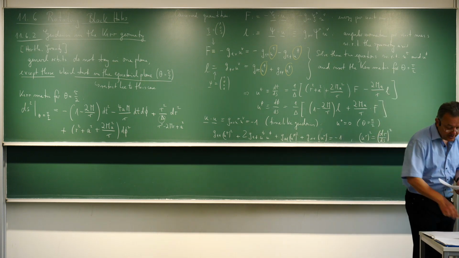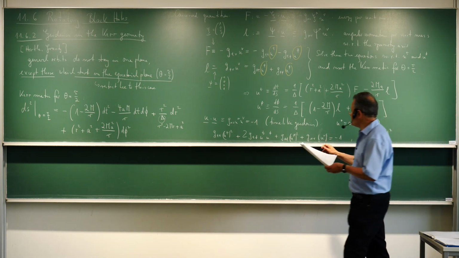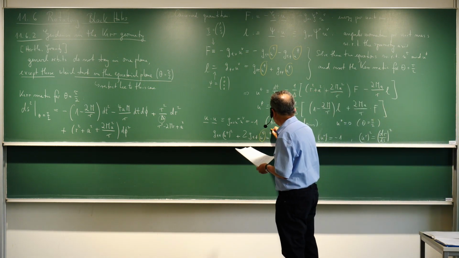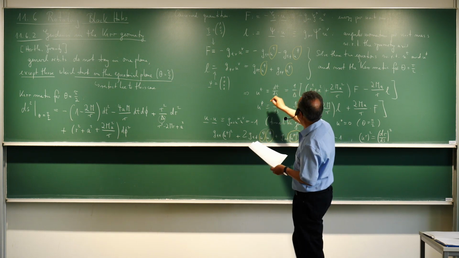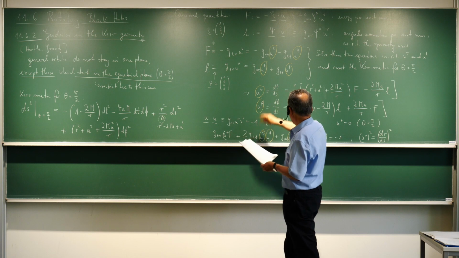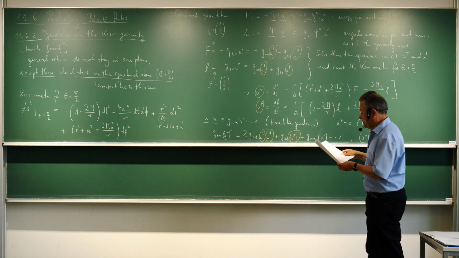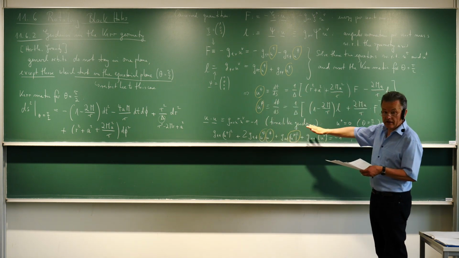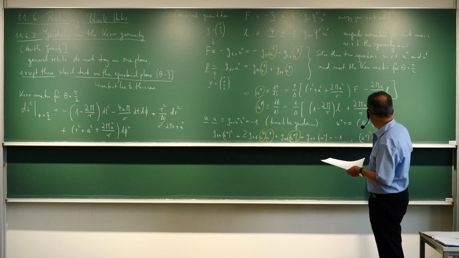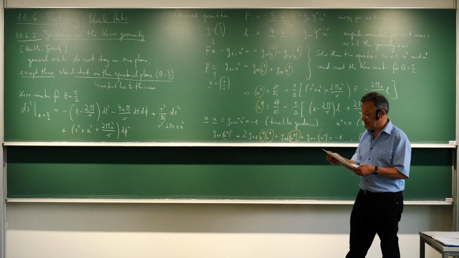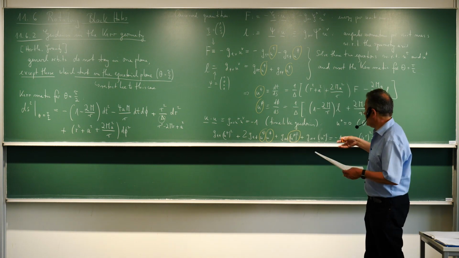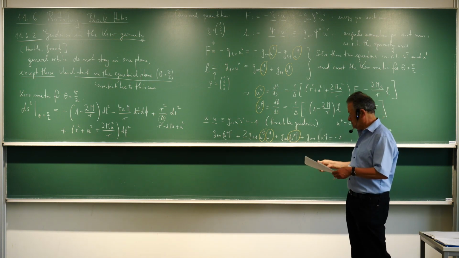Now we insert the expressions that we have found for u^t and u^phi, and then we get an effective equation that contains (dr over ds) squared plus terms that depend on L and F and so on.